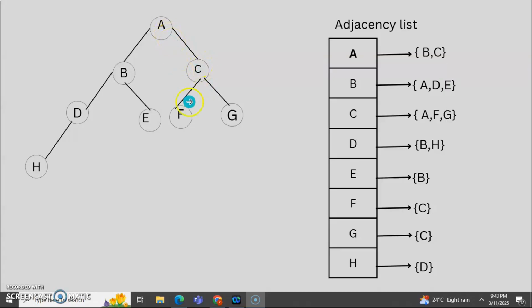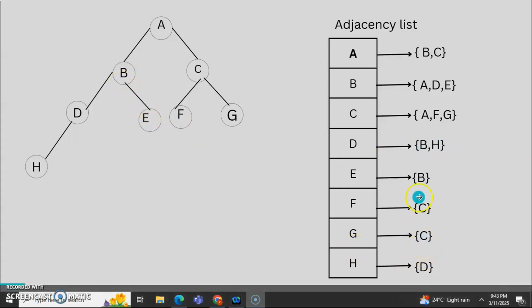So A, F, G. That is the adjacency list for C. For D, the nodes connected with one edge with D are B and H. That is what's given here, B and H. For E, there is only one node B connected with one edge, so adjacent is B.